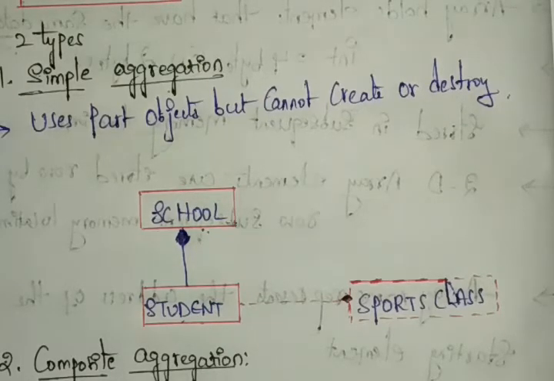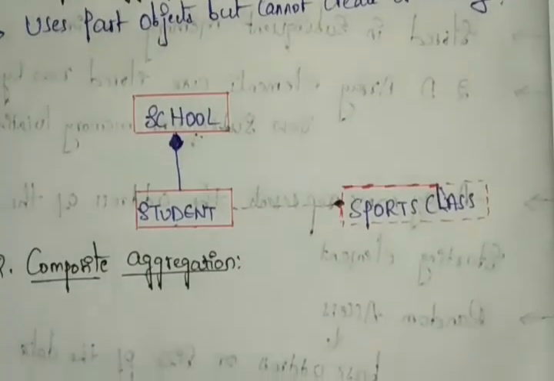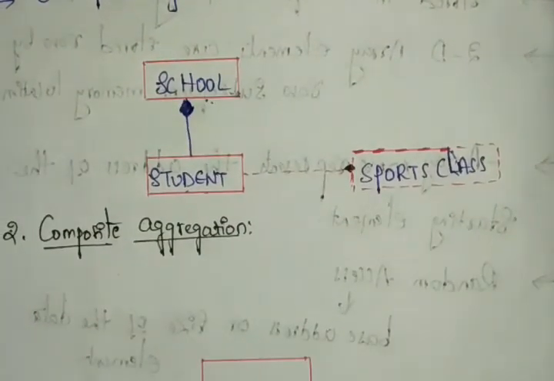Next we have the second one, the composite aggregation. In the simple aggregation, we use the part objects and they are not created or destroyed, right? But this is the opposite.